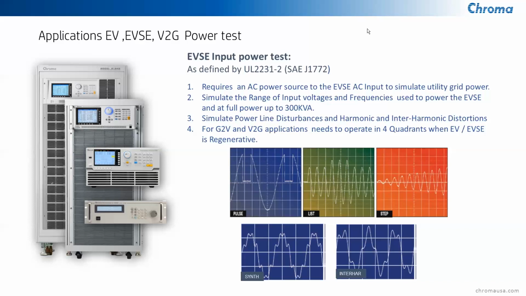This is where the onboard charger for the electric vehicle, or even the offboard charger, becomes bidirectional, meaning it can not only charge the batteries, but it can take the power from the battery, convert it into AC, and put that AC power back onto the grid. To support that, we use the 61800 grid simulator, and it's a perfect tool for that. It also has the ability to put that power back onto the grid.